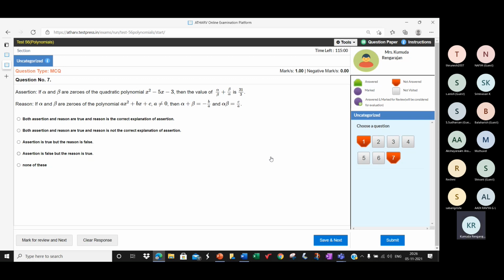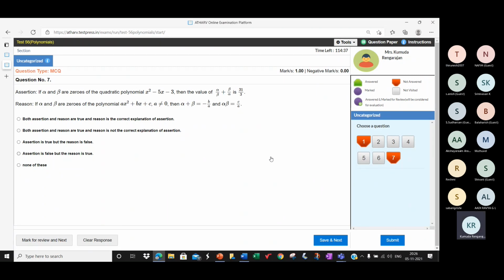Yeah, now for today's class, we have to continue with this. Ma'am, assertion is false, but reason is true. Okay, what is the value then of alpha by beta plus beta by alpha? 31 by minus 3, correct.